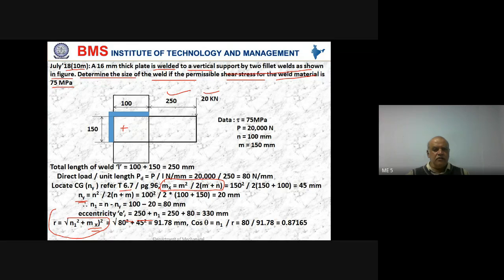So your radius is out there. This is going to be the value of N, and this is MX, and this is N1. That's why we need to find the value of MX. It is not straight away M by 2.